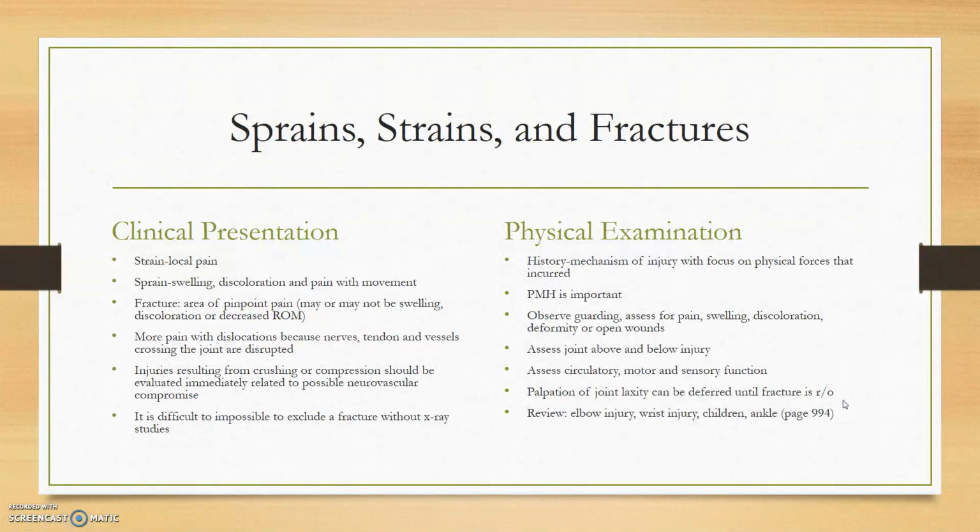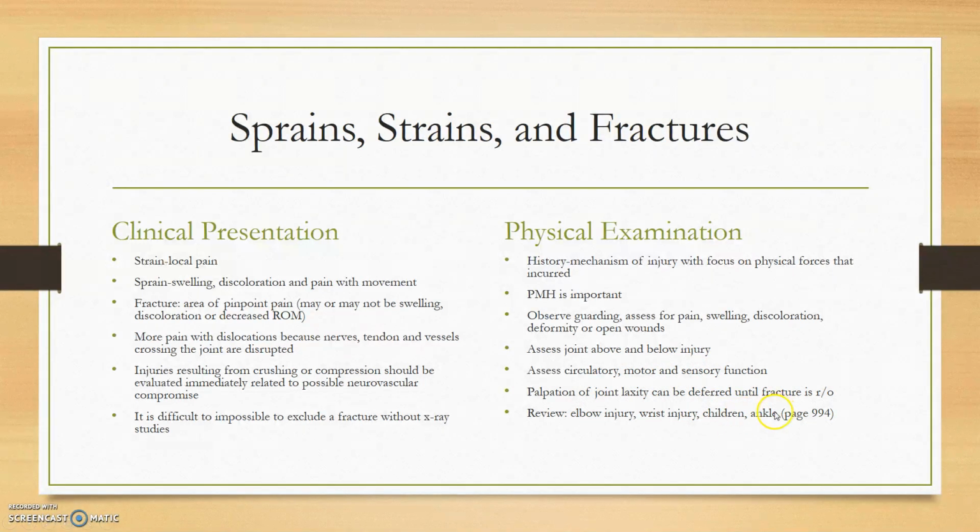And then on page 994, our author gives such good information on how to discriminate between elbow injury, wrist injury, things that we're thinking about with children and adolescents, and specifically growth plates, and how that becomes an emergent situation if the growth plate could be involved, because a fracture across a growth plate could stop that bone from growing.